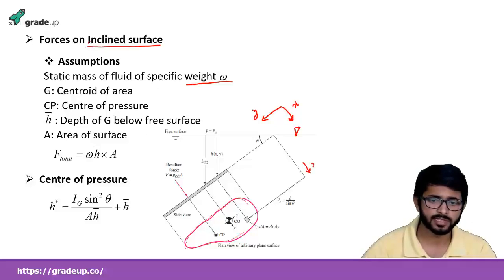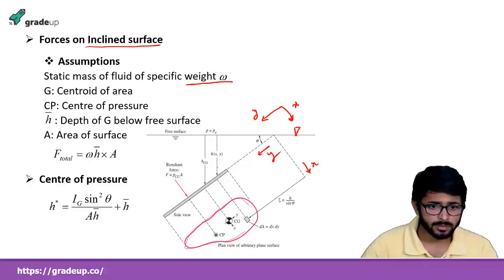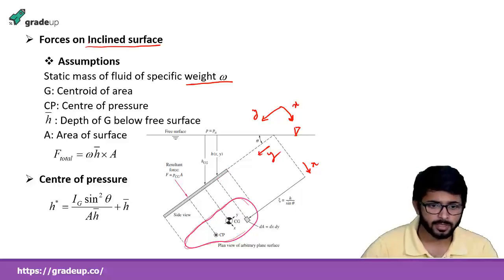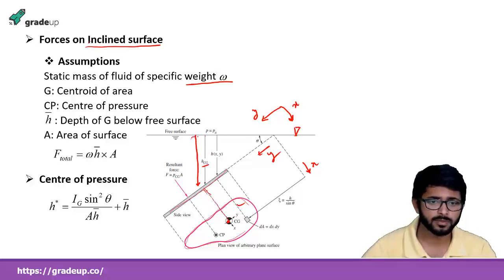So this body is lying below the free liquid surface, fully submerged in the liquid. The top view is shown in this diagram. The center of mass of this body is at a distance h cg from the free surface.